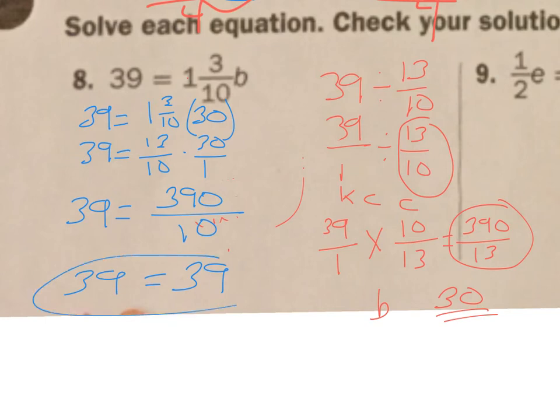That's exactly what I want. So, B equals 30. This one had a ton of steps. You had to do some division, and then change to multiplication, and then bring it back in and check it. A lot of work. Hopefully you get it. And you got to be careful with all the steps.